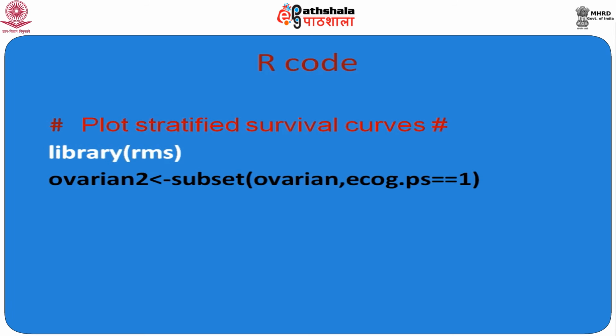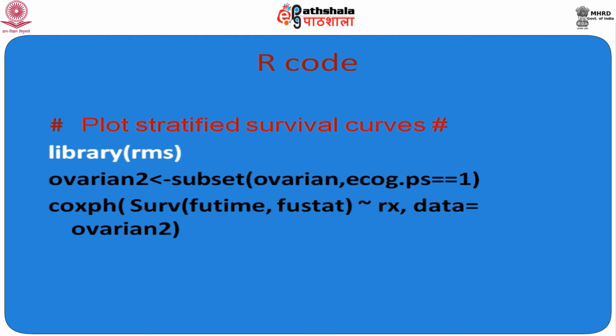Now, again we are using the library rms to plot the survival curves. To get the subset of the data from the ovarian study, we use ECOG.PS equals 1 with the function called subset. This function will generate a new data set containing only those with ECOG.PS equals 1.